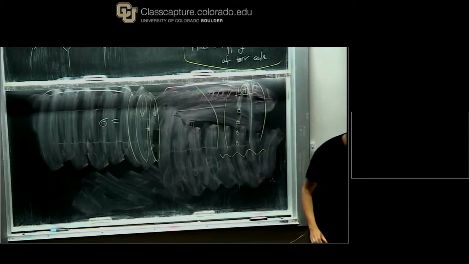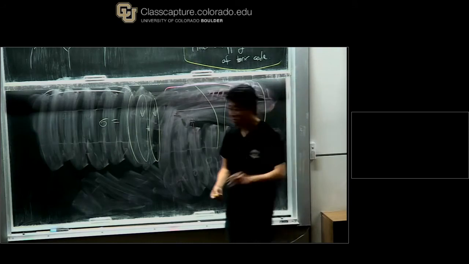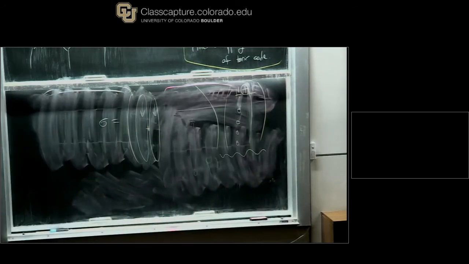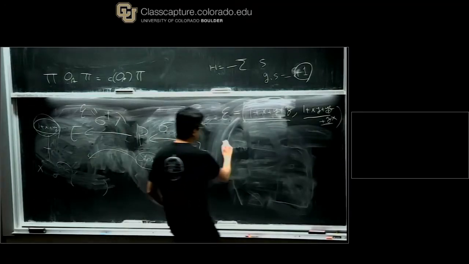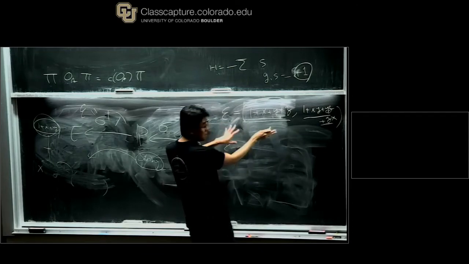Good question. I plan to do, but obviously I ran out of time. So what you have to do is, well, let me give you an example. So epsilon is this matrix.